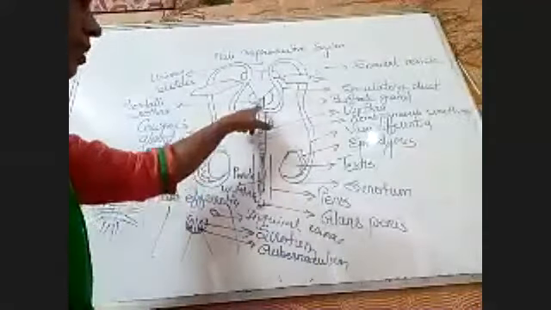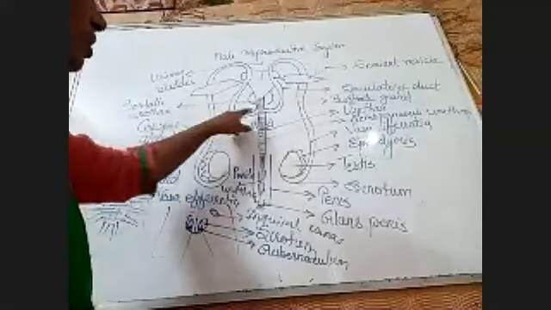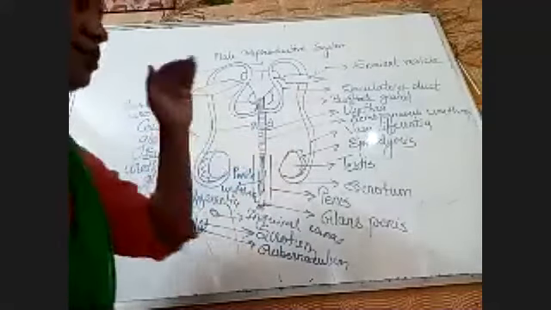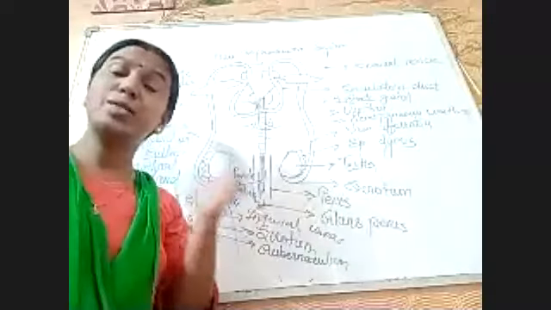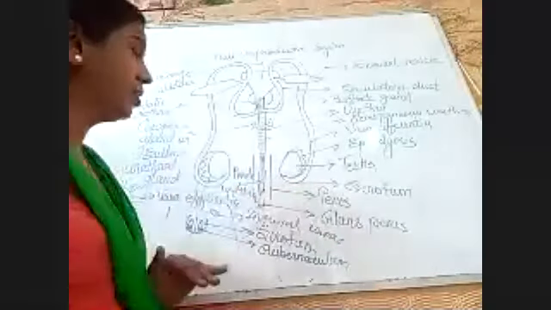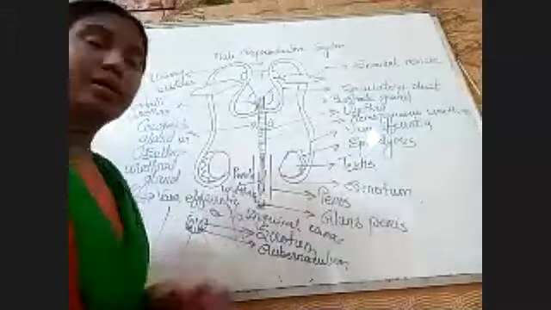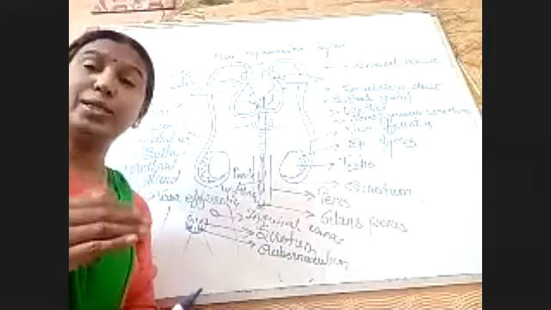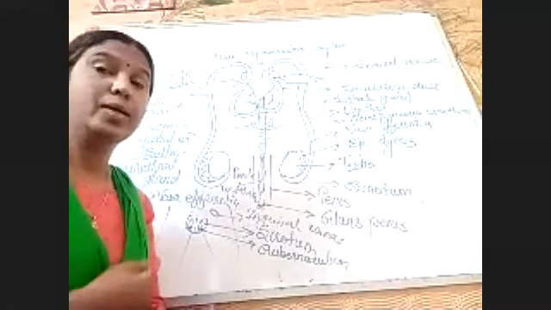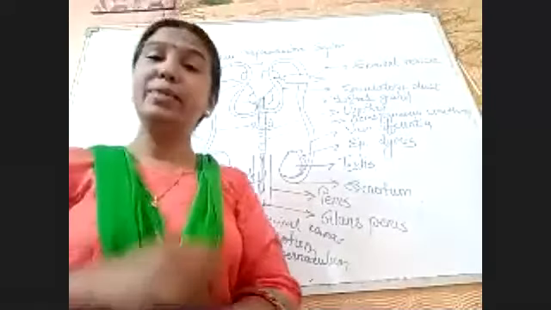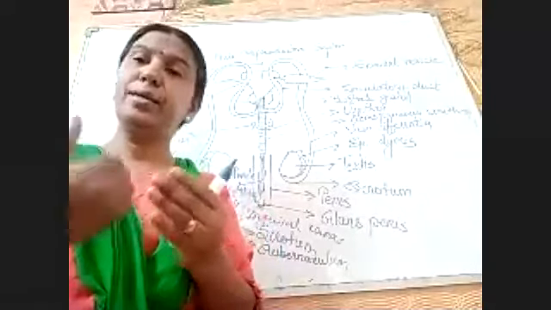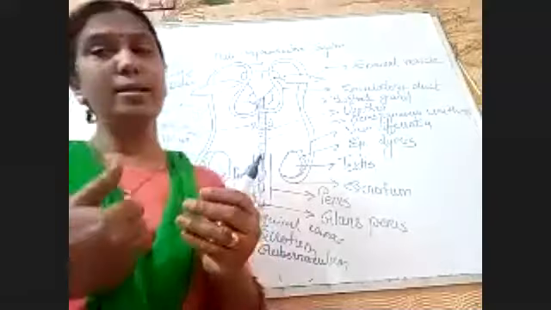So the membranous urethra will consist of semen as well as urine. And the penile urethra, which is present inside the penis, will also contain semen as well as urine.